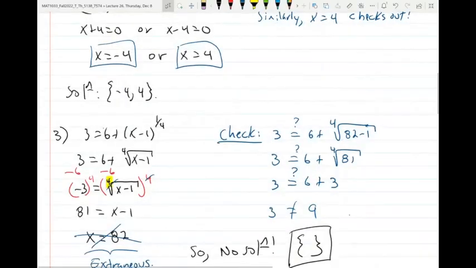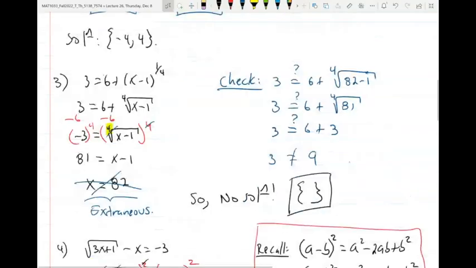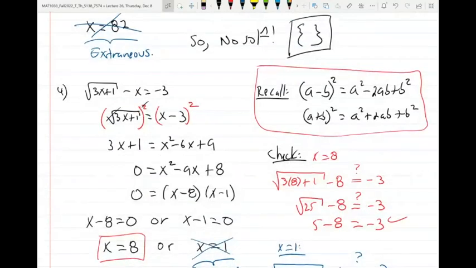The other ones are not that complicated because you only have to square ones or raise ones to a power, and once you do that, what you obtain is something straightforward because here you only have a number. But the moment that you have a binomial on the right, like number 4, when you square, you have to be careful with the algebra because now you need to square this term and you could make mistakes here and so on. So 4 and 5 are the ones that you have to be more careful about.